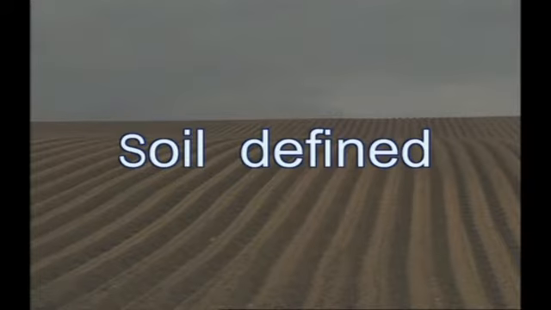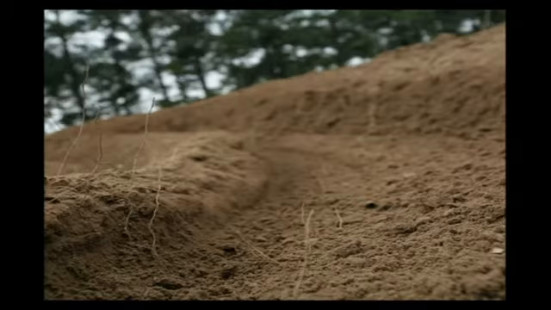Let me begin with the word soil and how it is defined. Soil defined. Soil is a natural body consisting of layers of mineral constituents of variable thickness, which differ from the parent materials in their morphological, physical, chemical and mineralogical characteristics.